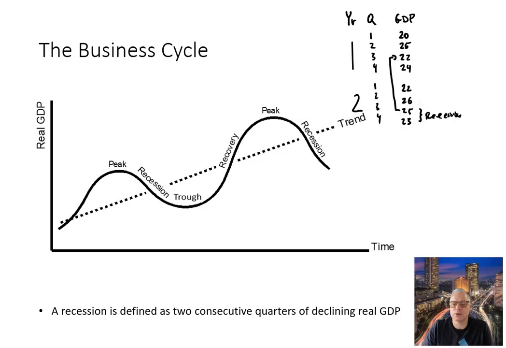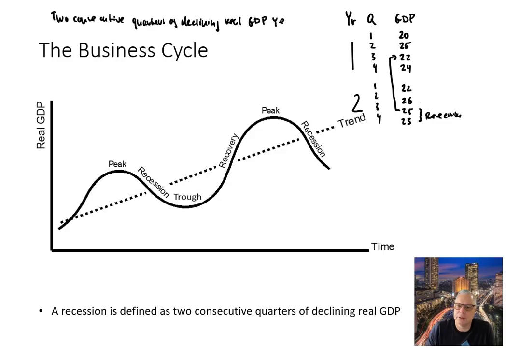But some people also use a definition of two consecutive quarters of declining real GDP year on year.